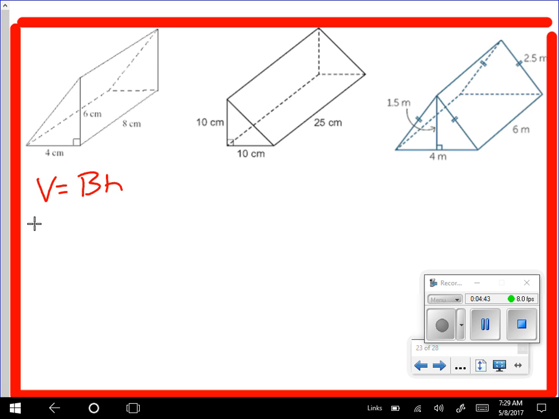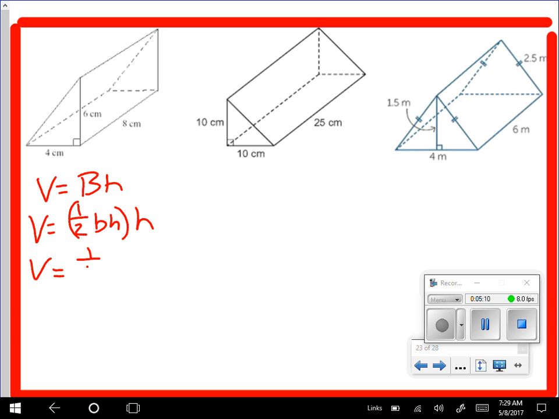So we know the area of the base of a triangle. So we're trying to figure out, what is the area of this triangle? We see that the base is 4 of the triangle, the height seems to be 6. So we're going to use 1/2 base times height, and we're going to multiply that by the height of the prism.